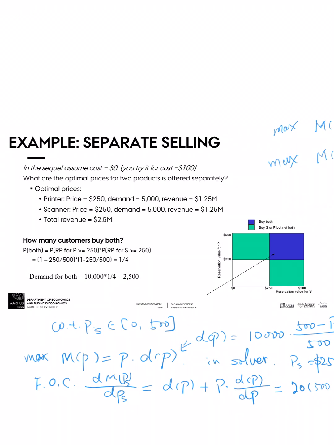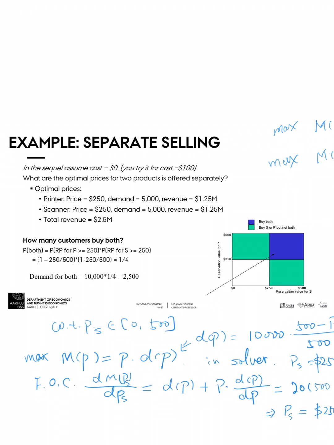Setting this to 0 and rearranging, you get P_S equals $250 as well.